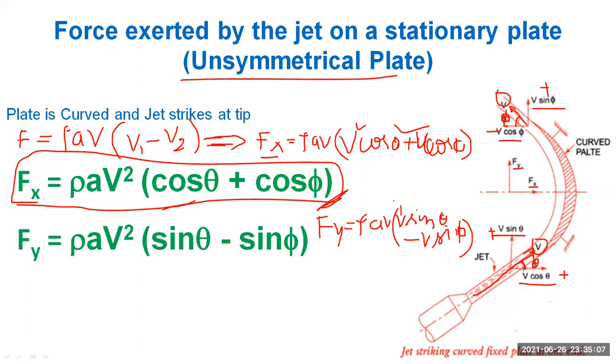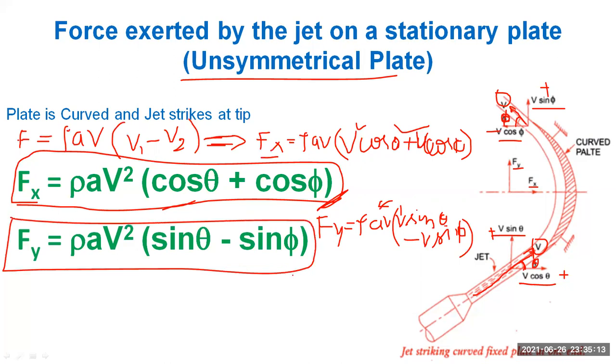So v again you can take outside, so you'll get Fy as rho a v square (sin theta minus sin phi). So these are the Fx and Fy, that is, the force exerted by the jet on a stationary curved unsymmetrical plate. So these are the three derivations on a curved plate.